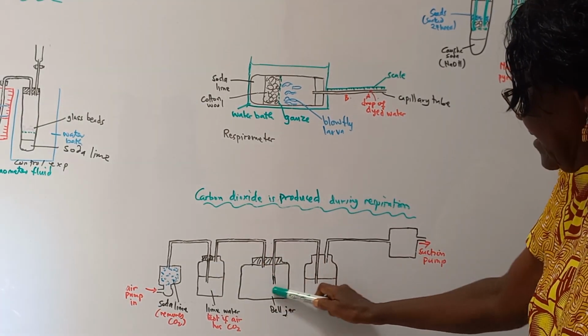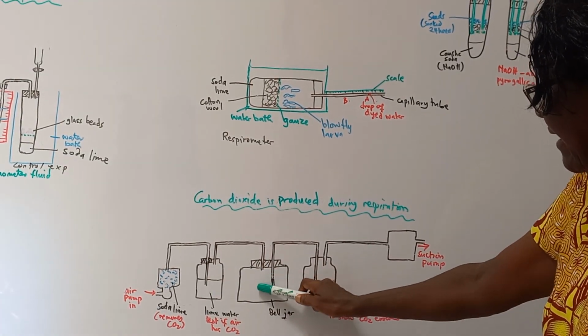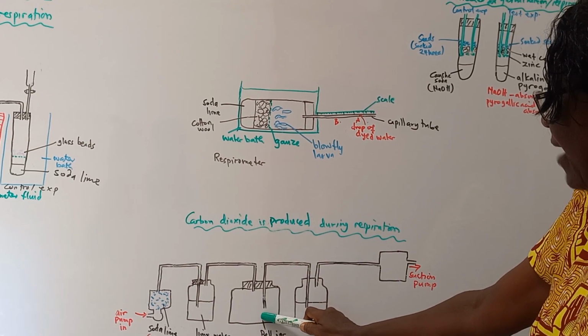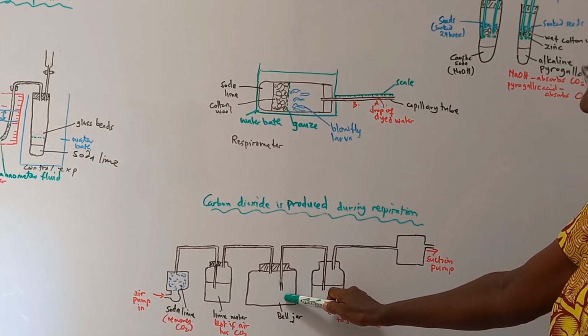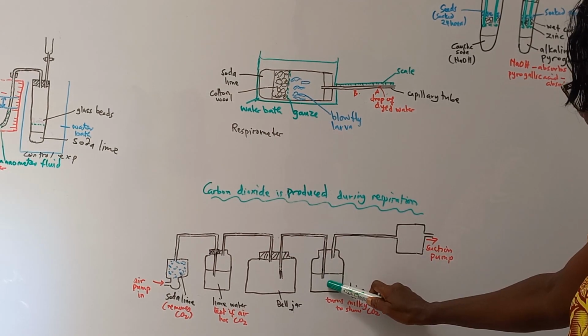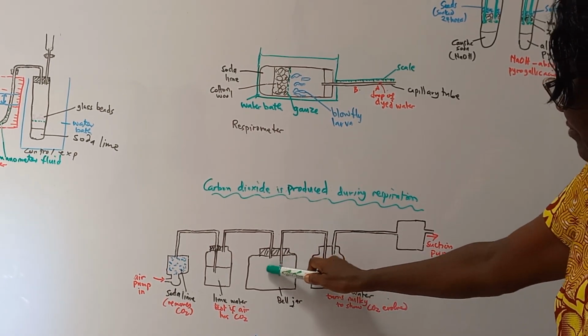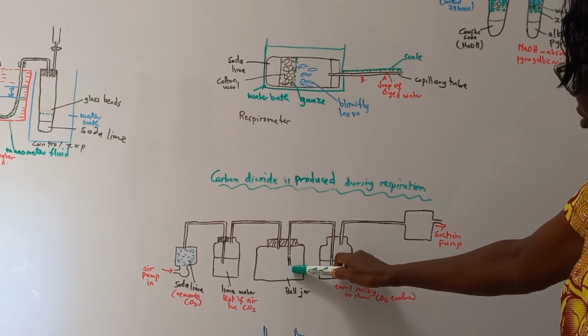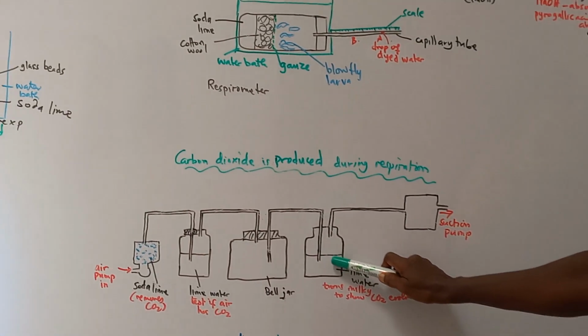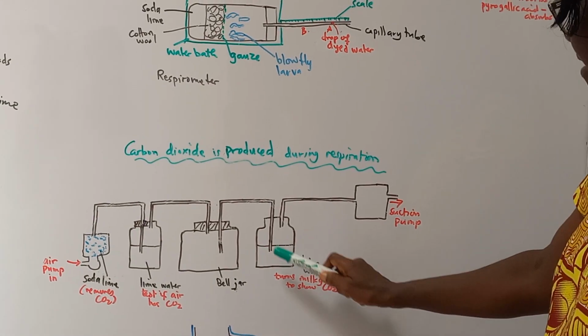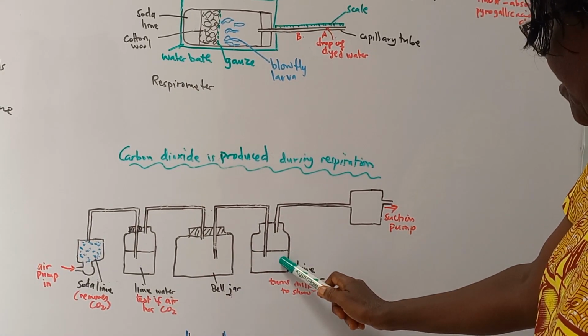The air comes in here. In this bell jar, there will be an animal. If we are testing whether carbon dioxide is produced during respiration in an animal, like a small animal, then the air comes in here. Because the organism respires, the organism produces carbon dioxide, and the carbon dioxide comes here and turns the water milky. That shows that carbon dioxide is produced during respiration.